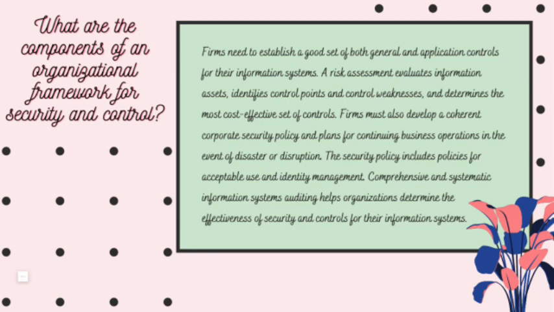The security policy includes policies for acceptable use and identity management. Comprehensive and systematic information systems auditing helps organizations determine the effectiveness of security and controls for their information systems.